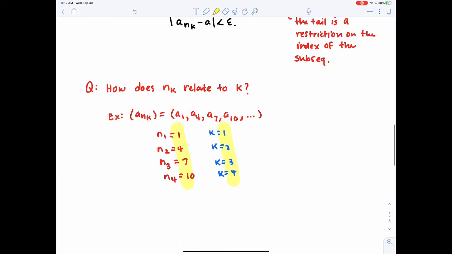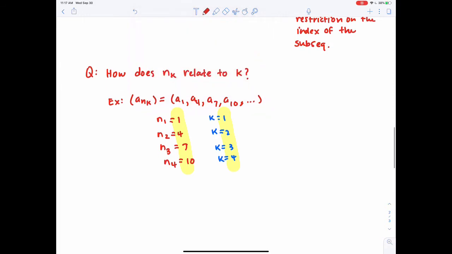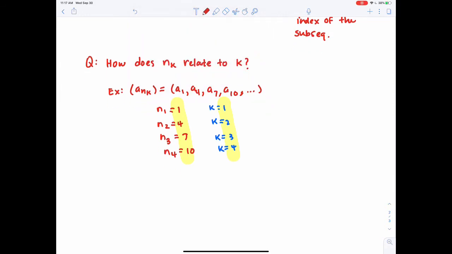And so in general, we get a relationship that guarantees that little n_k is always greater than or equal to k, because when you're creating your subsequence, you're either picking every value in the parent sequence to be in that subsequence, or eventually you skip a value. And the moment you skip a value, the value of n_k becomes strictly larger than k.